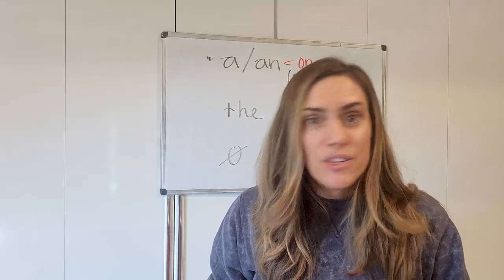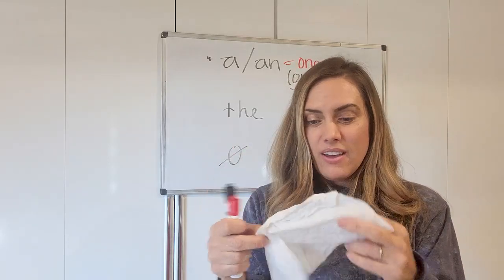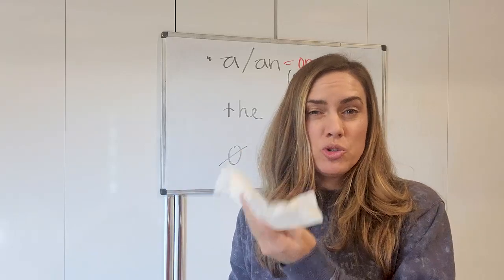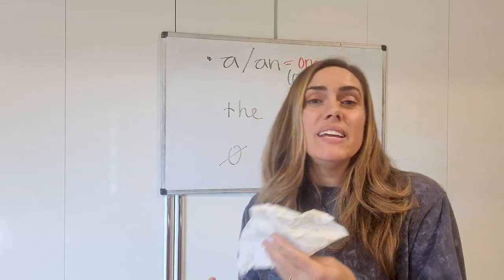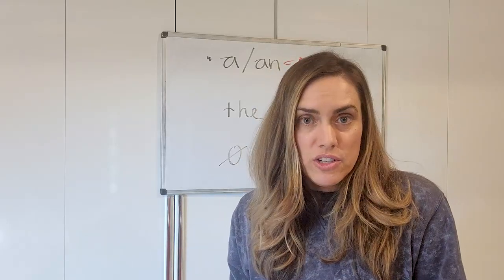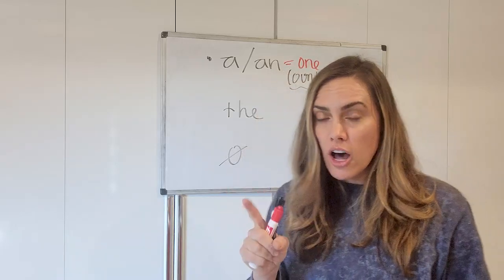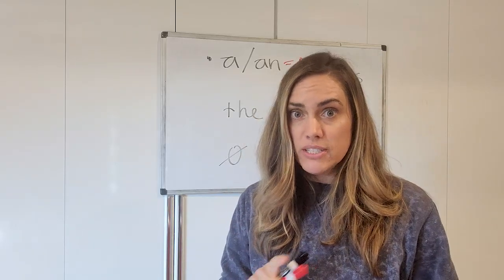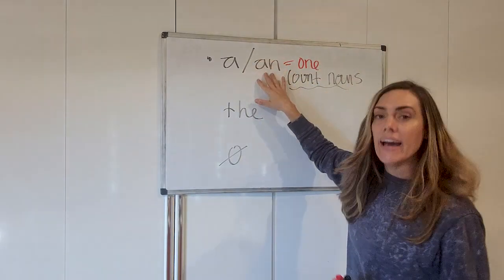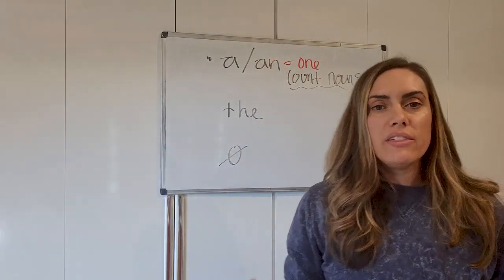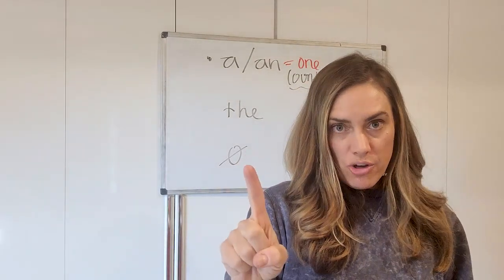Some nouns you cannot count, like paper, right? I can't say one paper, two papers. I mean, sometimes you can, that's why it's hard. But, you know, certain nouns you don't count. Some you do, okay? I'll talk a lot more about non-count nouns in another video, okay? But for a and an, we use that with count nouns when it's just one of those, okay?